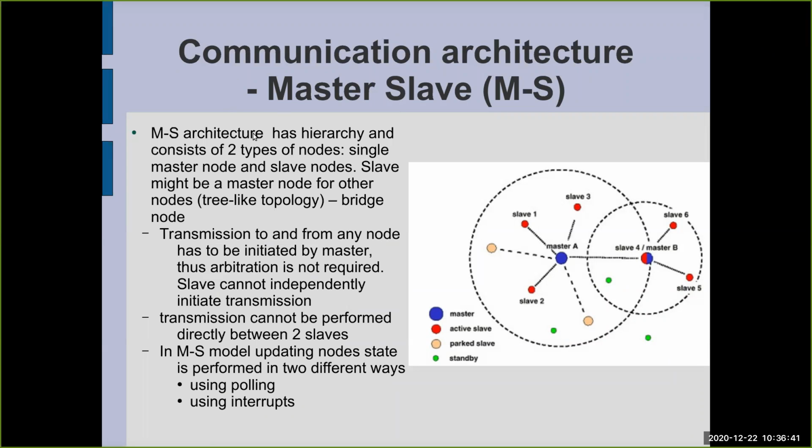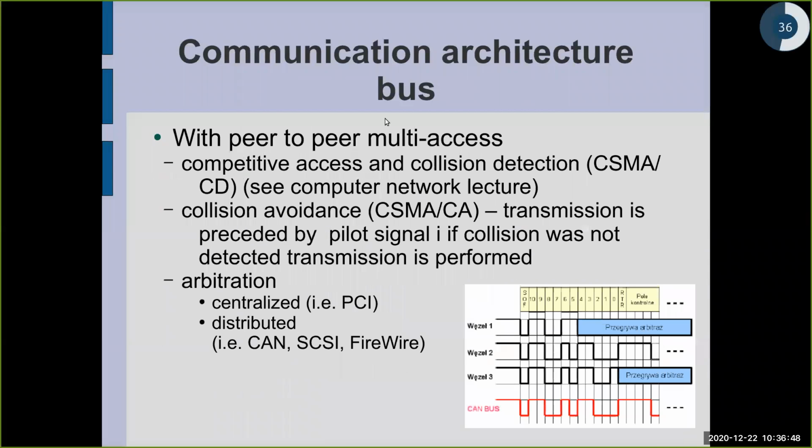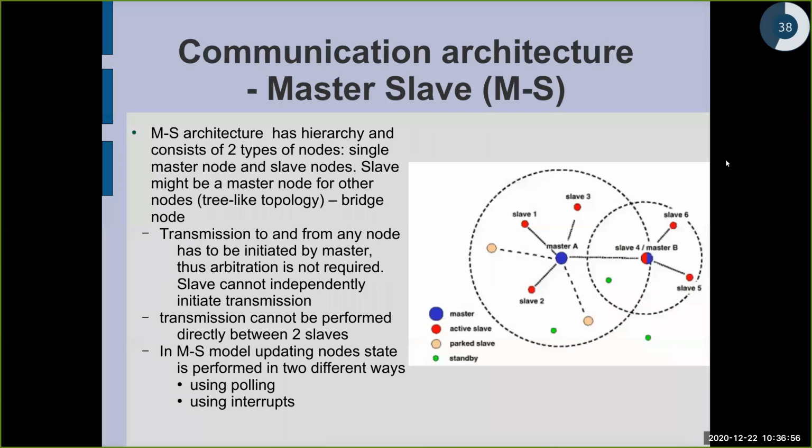So now I'd like to tell you something about the master-slave architecture. Still we have a bus and also some way of arbitration, but it is implemented differently. In this scheme, we have many nodes which are denoted as slaves. They are dependent and not allowed to send data without permission.